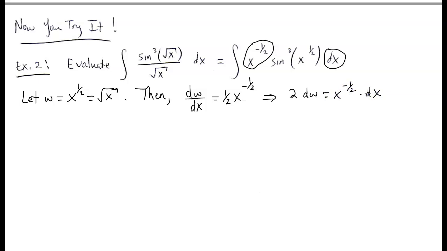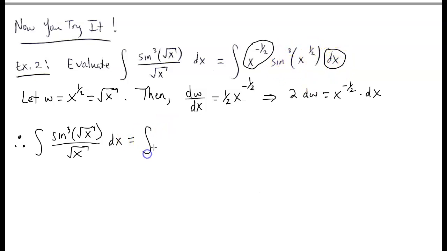And we see here that 2dw will just be the same thing as x raised to the negative 1/2 dx. So therefore, we know that sine cubed of square root of x divided by square root of x here, which is the same as this x raised to the negative 1/2 sine cubed of x raised to the positive 1/2.